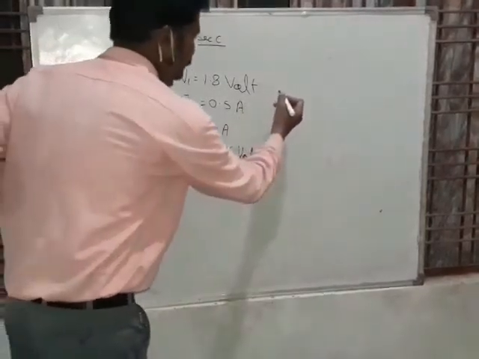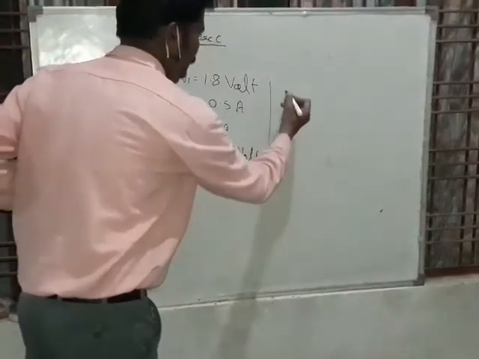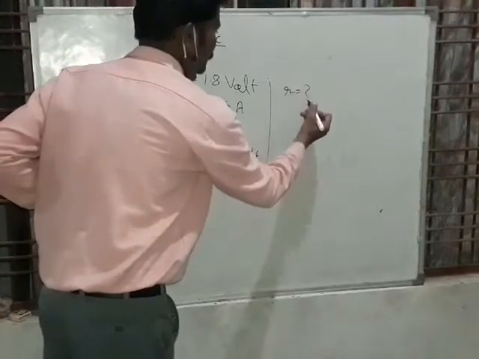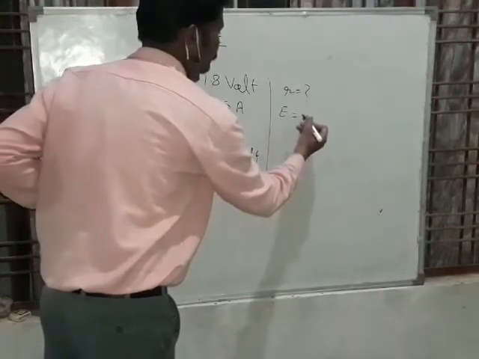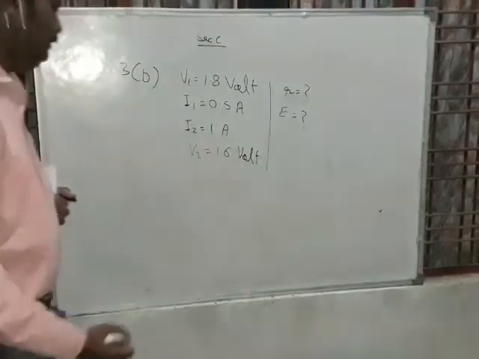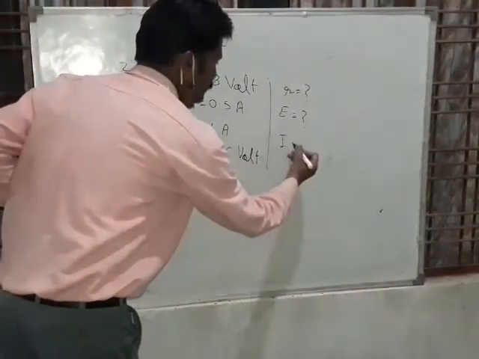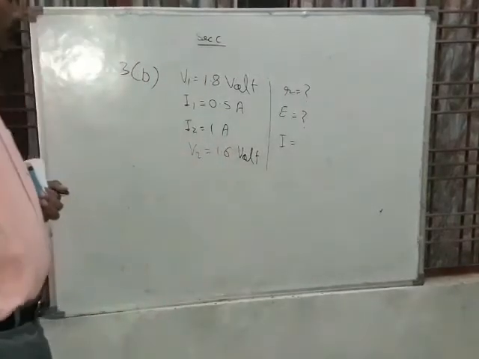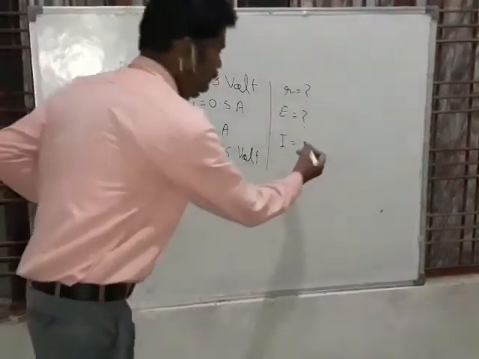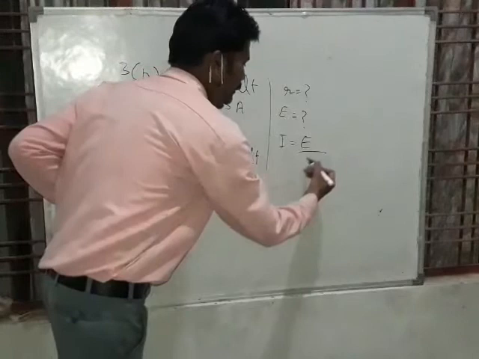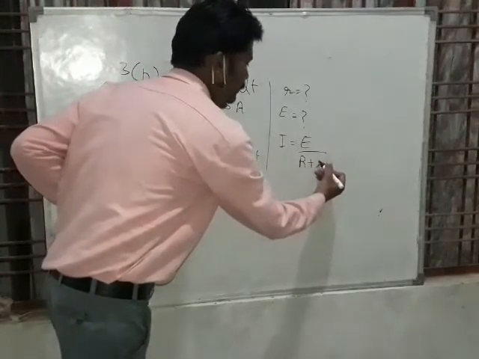Find the internal resistance of the cell and its EMF. We have to find internal resistance and EMF. So we use this formula. Current drawn from the cell I equal to capital E upon capital R plus small r.